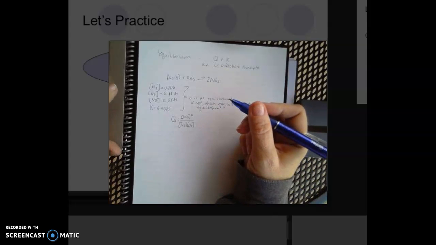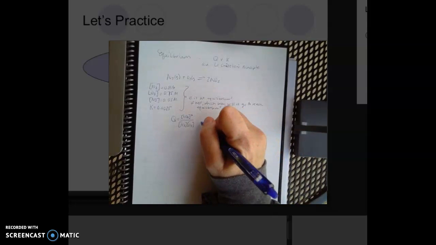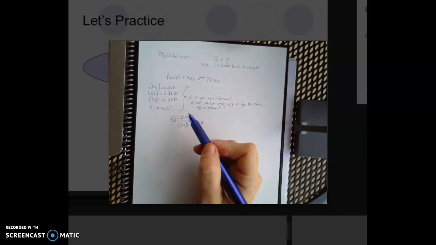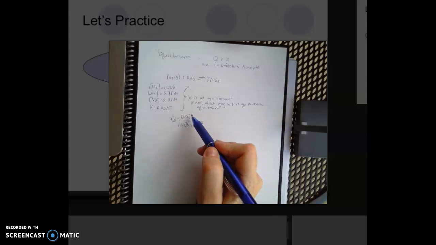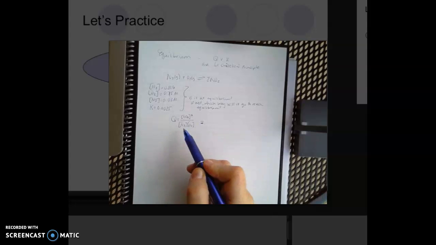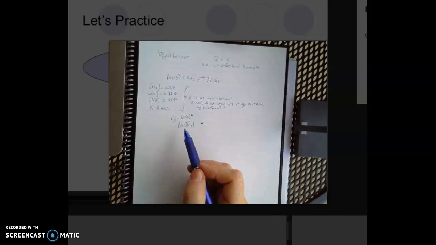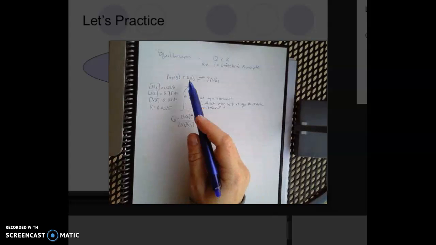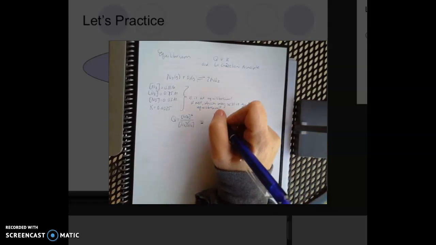So I've written the conditions down. Q is exactly the same expression as K: products raised to their coefficients, so the concentration of NO squared, over the reactants raised to their coefficients, the nitrogen concentration and oxygen's concentration in the denominator.